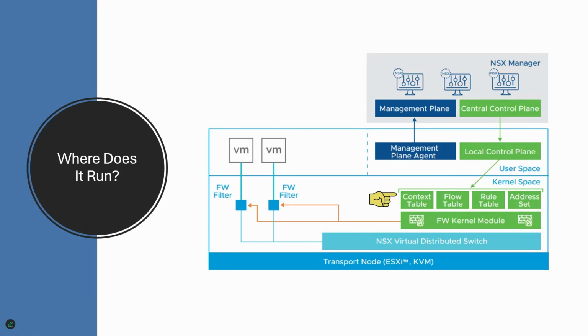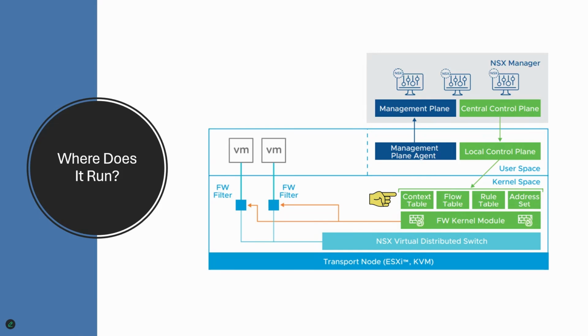When a packet comes in, first it checks the context, then it checks the flow, then the rule table, and finally the address set. After that, a decision is made instantly for that particular traffic, whether to allow or drop. This completely happens at the kernel level, and how quickly it processes depends on the speed of the kernel.